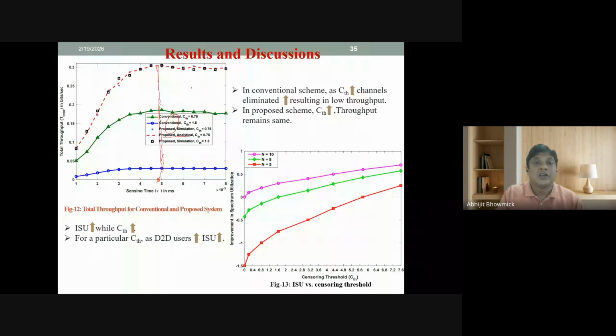Even if we increase the threshold from 0.5 to 1.5, the throughput remains the same. There is no degradation of throughput. And if you look here, if we increase the number of users, the improvement in spectrum utilization also increases for a given censoring threshold.